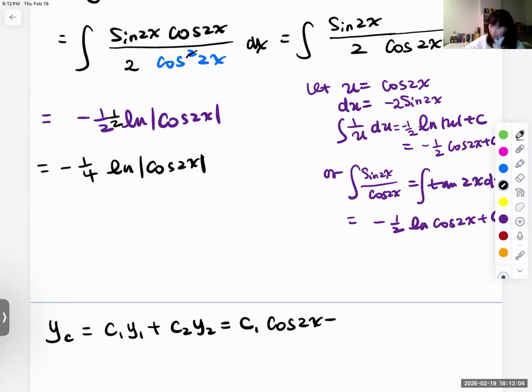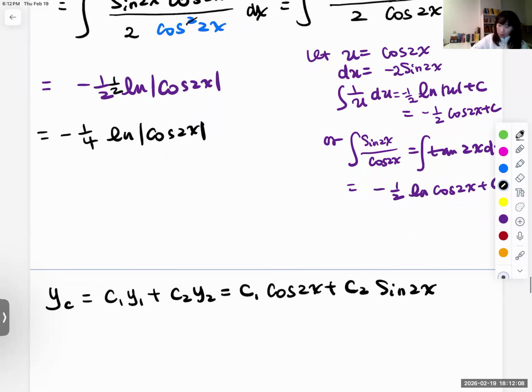Cosine 2x plus c sub 2 sine 2x. Okay, complementary, no, hold on. Oh my gosh, crazy. Particular solution, u sub 1, y sub 1 plus u sub 2, y sub 2.